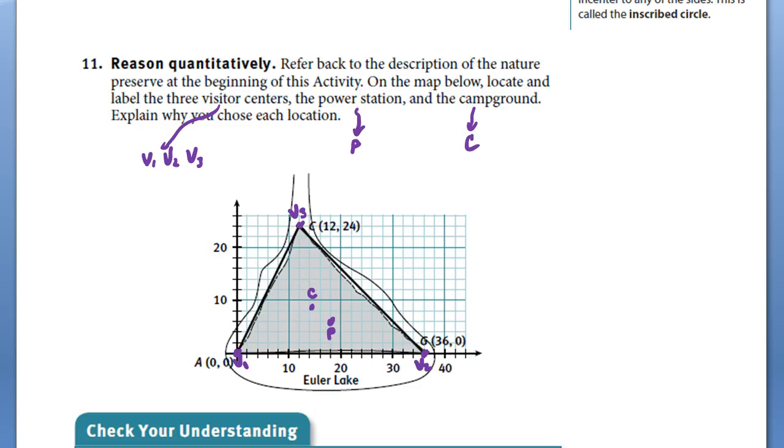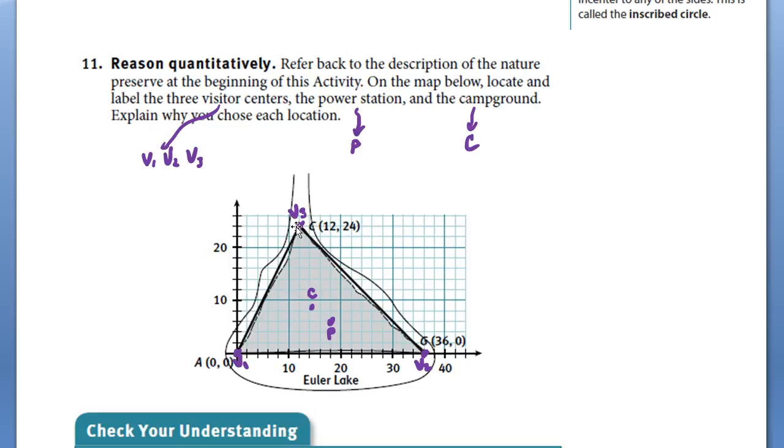And finally, number 11. Refer back to the description of the nature preserve at the beginning of the activity. We were asked to locate visitor centers at the corners of the nature center. We were asked to find the power station so that it would be equidistant from those visitor centers. And we were asked to find a campground so that it would be equidistant from the sides of the triangle. And so here I've marked those.